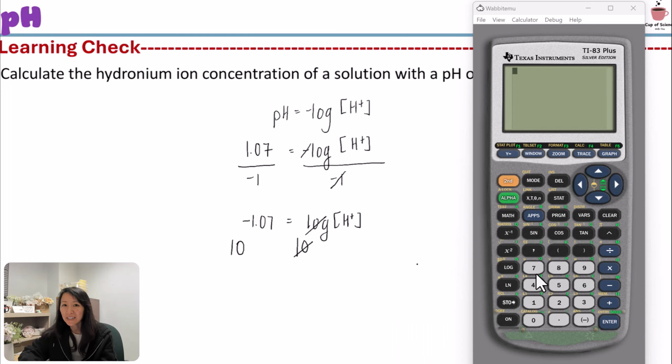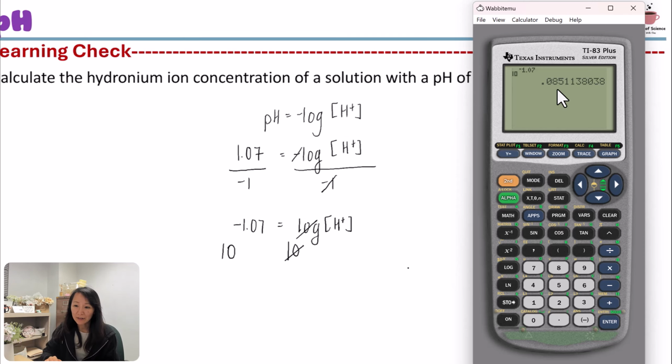So on your calculator, you should see the button log. But if you press second log, then you get the 10 to the. And then the 10 to the what? Negative 1.07 is what we're going for, and that's referring to this right here. Hit enter, and we get 0.0851, and that's the one that we want to write down.